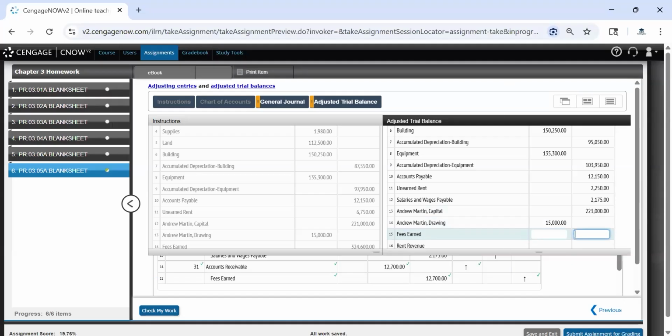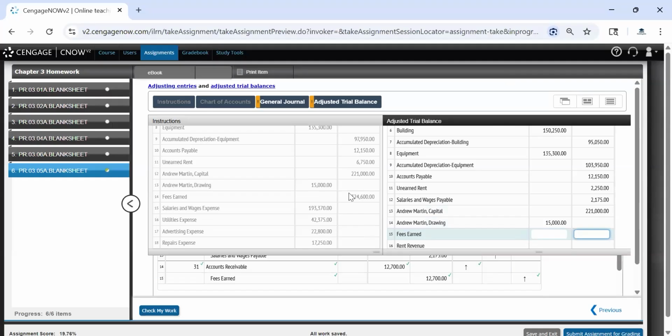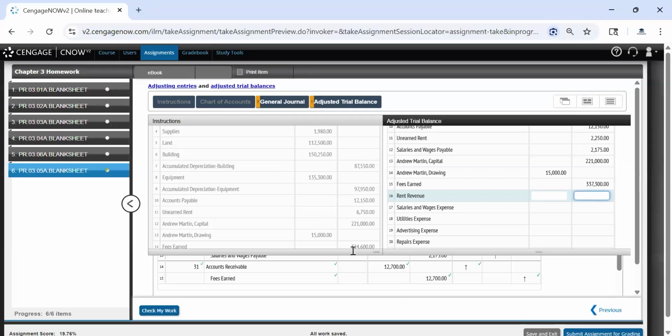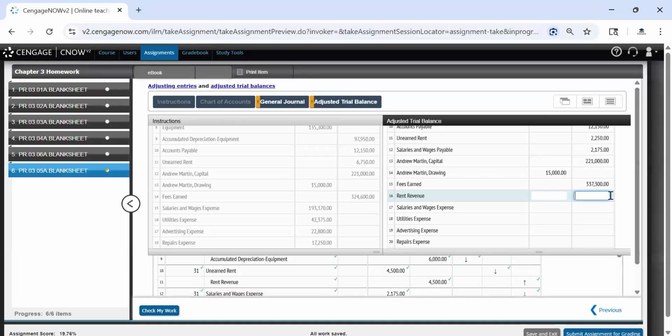Fees earned, we increased our fees earned by $12,700, so we take that plus the fees earned on the unadjusted of 324,600 to be 337,300. And then the rent revenue, we didn't have any rent revenue previously, so it's just going to be the 4,500 that we accrued during the month at this month-end journal entry.